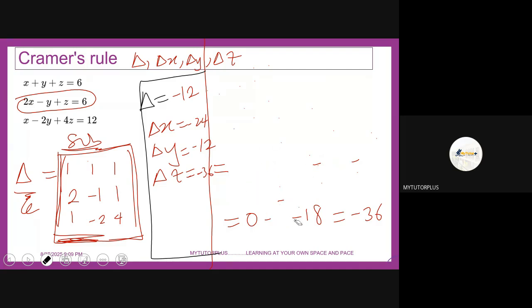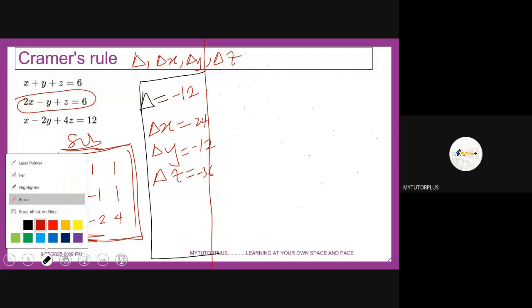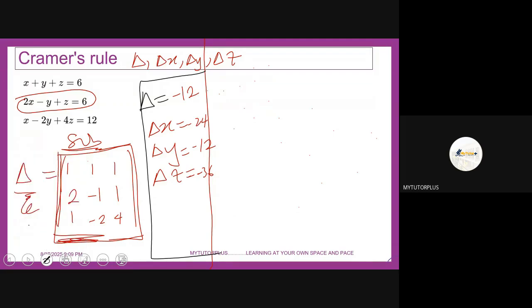We're going to find the value of x, y, and z. So let's check that now. To get the value of x, follow the same procedure as the previous one. x equals delta x divided by delta, which is minus 24 divided by minus 12. That will give us 2, and the minus signs cancel.